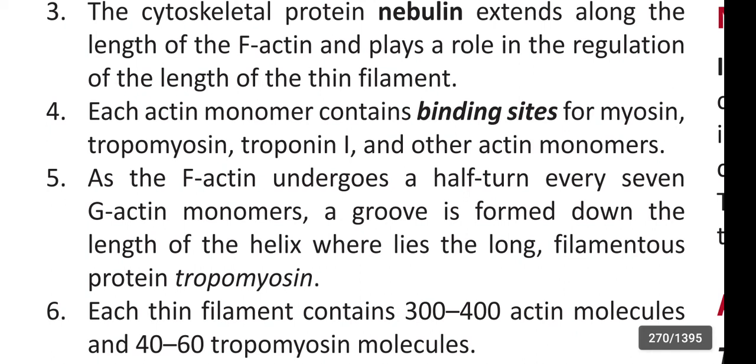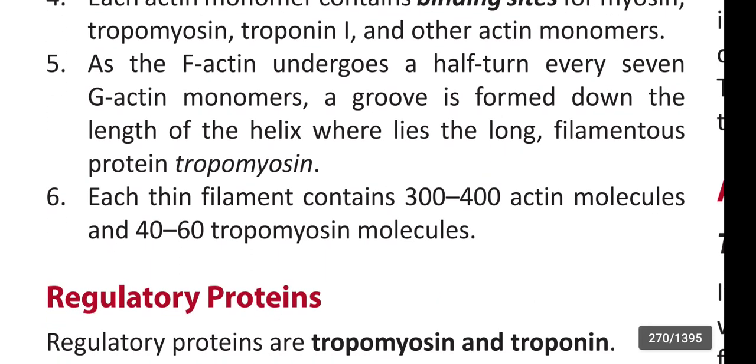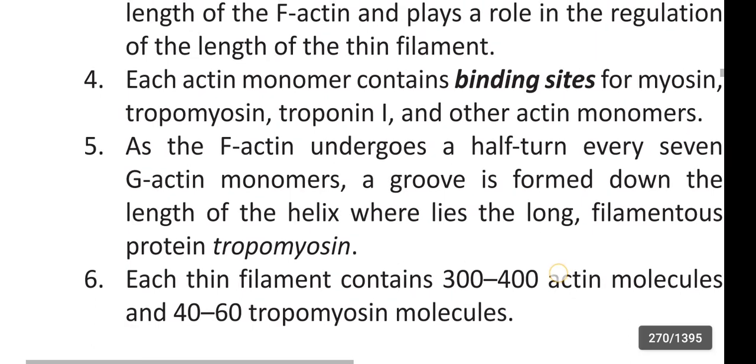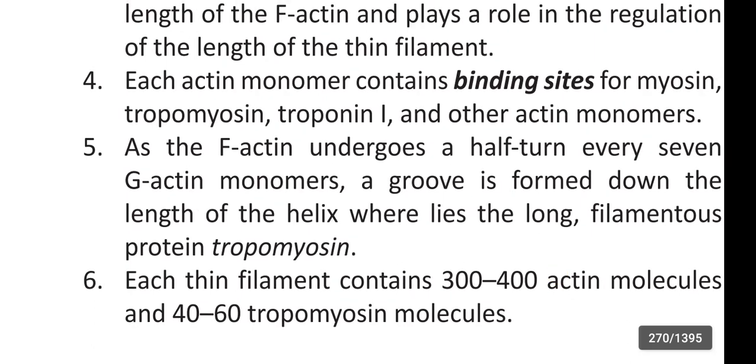As the F-actin undergoes a half turn, every 7 G-actin monomers, a groove is formed down the length of the helix, where lies the long filamentous protein tropomyosin. Each thin filament contains 300 to 400 actin molecules and 40 to 60 tropomyosin molecules.